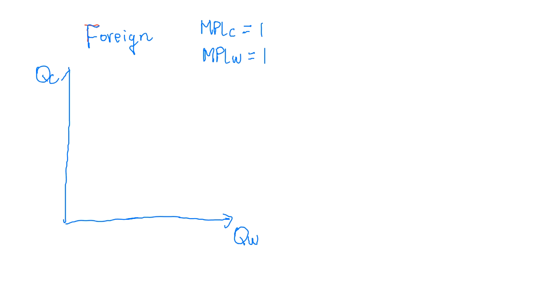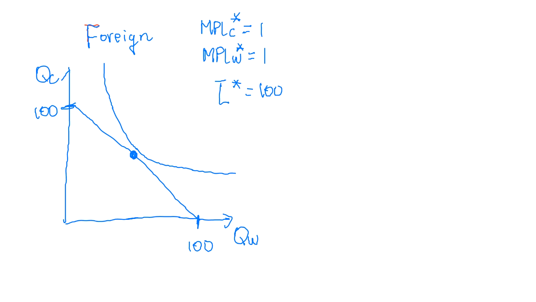And then L star is equal to 100. So the intercept is equal to 100, 100. Right? Under the autarky, production is equal to consumption. So that's going to be like this.